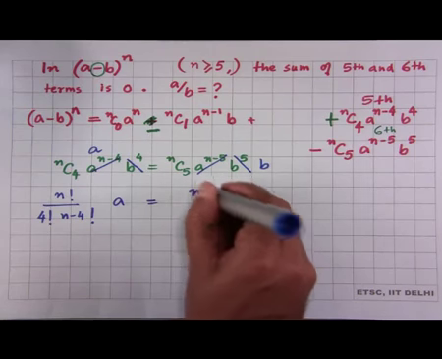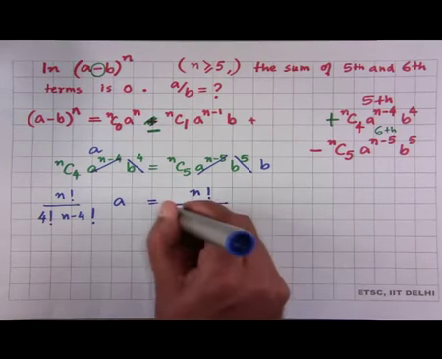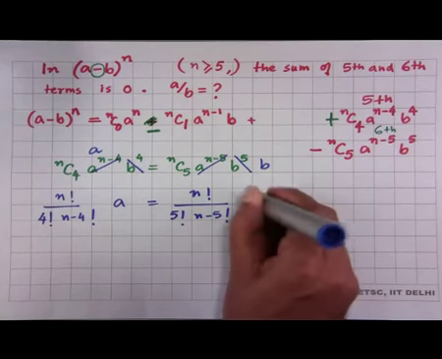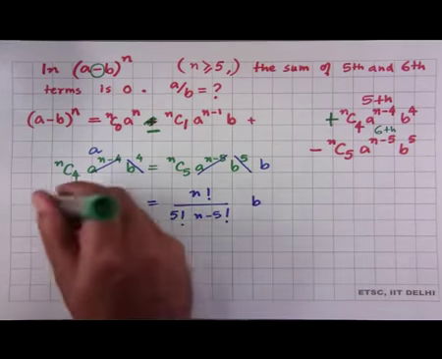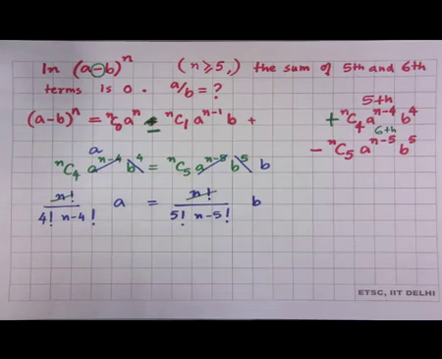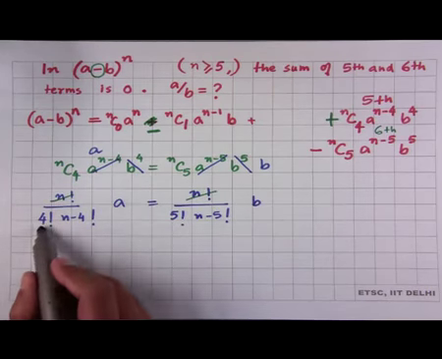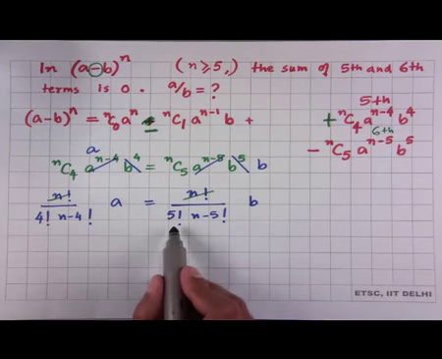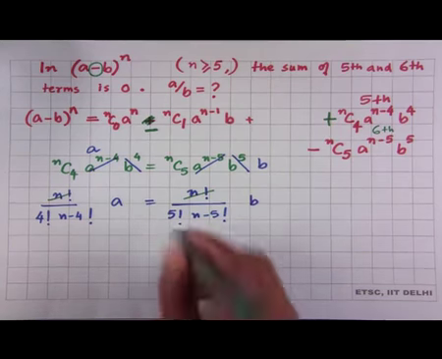And what is nC5? And then once again simplify. N factorial goes away. 4 factorial is 1 times 2 times 3 times 4, and 5 factorial is 4 factorial times 5.